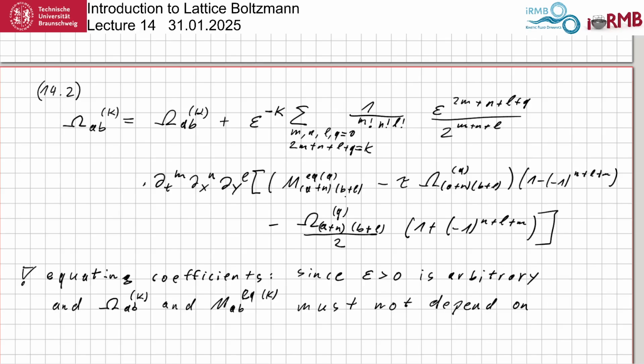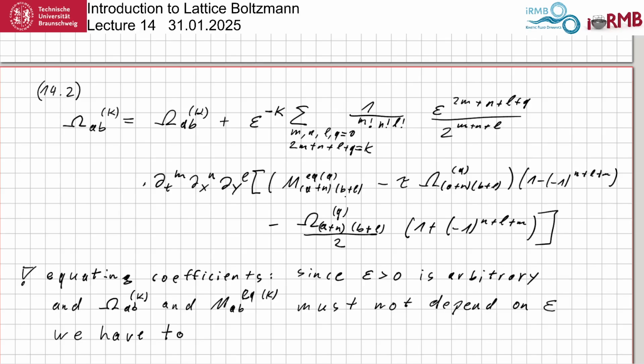That's very, very important. Yeah? I mean, the omega itself and the moment itself, they of course depend on epsilon, but only through the asymptotic expansion of them. Yeah?